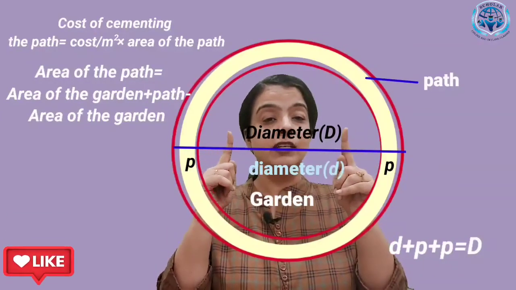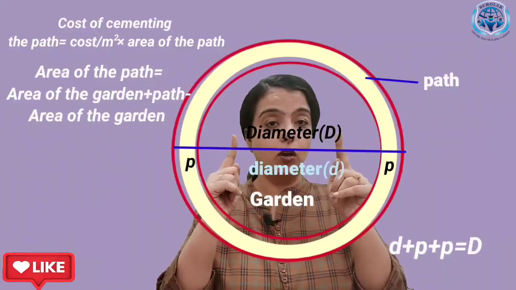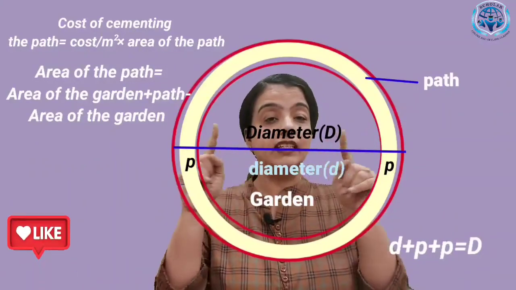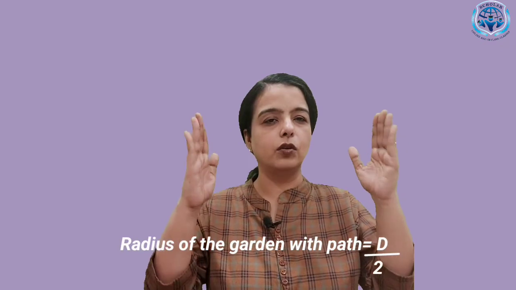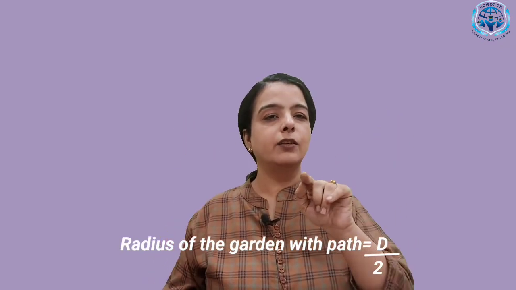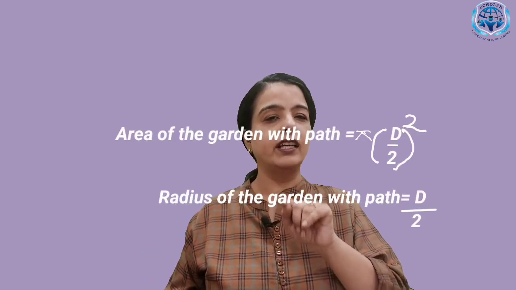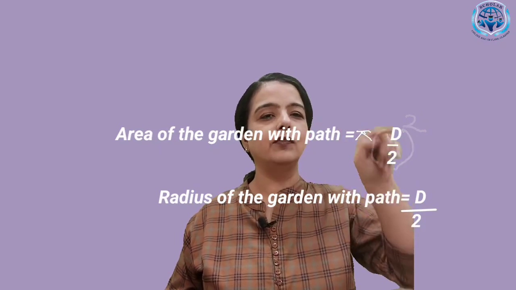You can denote this measurement and this measurement with small p and this diameter with capital D. Right? Now, you already know that radius is half of the diameter. That means you will find out the area using D plus P upon 2. This is the radius of the larger circle. You will square this and put it in pi r square. Then you will find out the area of this larger circle.